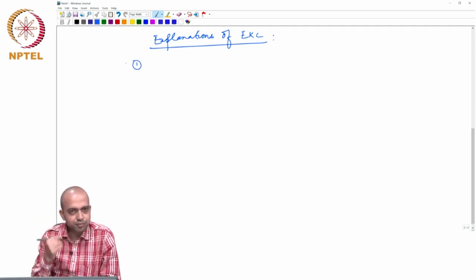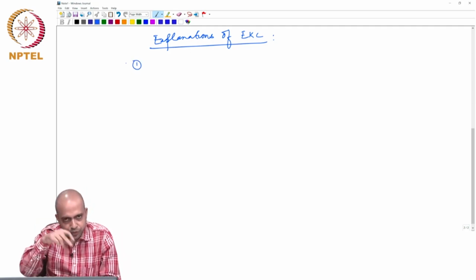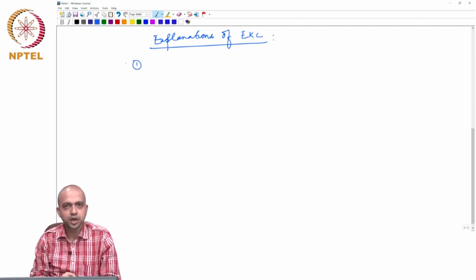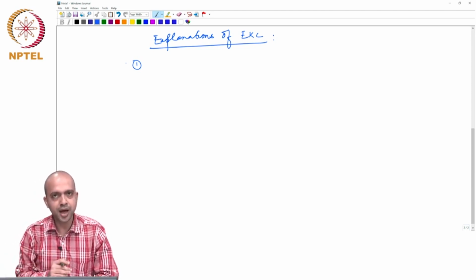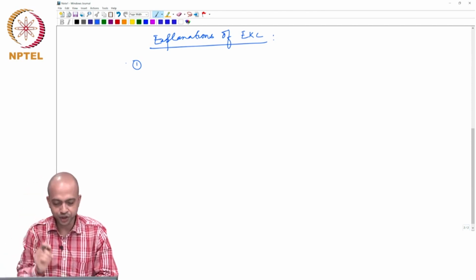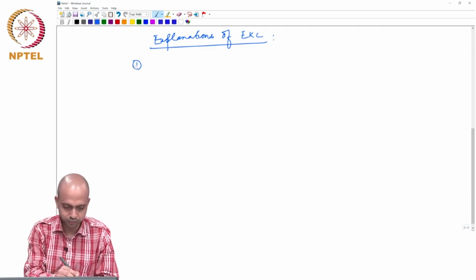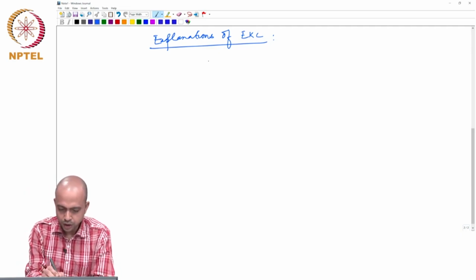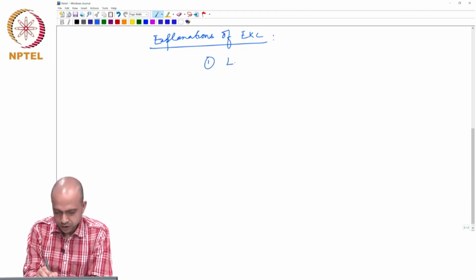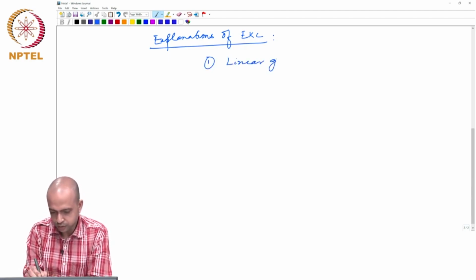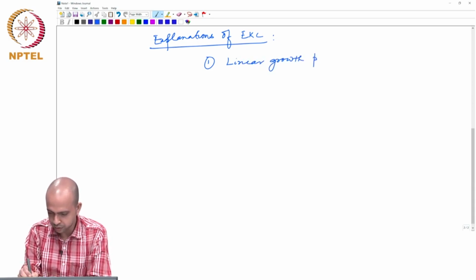There are several explanations for this type of inverted U-shaped relationship between income per capita and environmental quality. We will discuss those one by one. Firstly, the first reason is linear growth path or linear growth pattern.